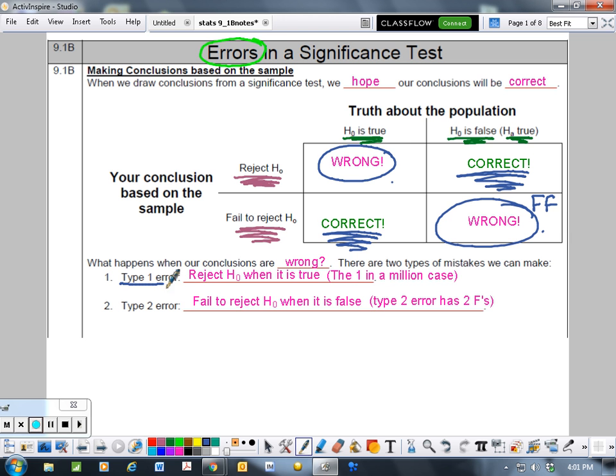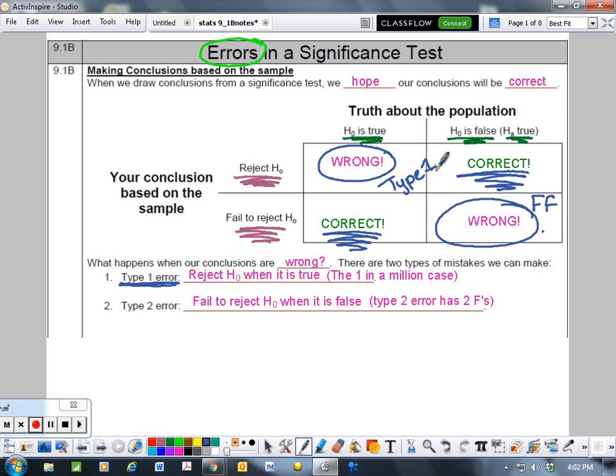Now the type 1 error is the very first error that we had. That's when we reject H0 when H0 is true. It's the 1 in a million case. Yes, there is a 0.0001 probability that it would happen, but there's still a chance that it could. It's kind of like winning the lottery.